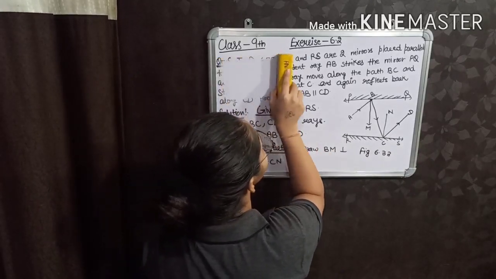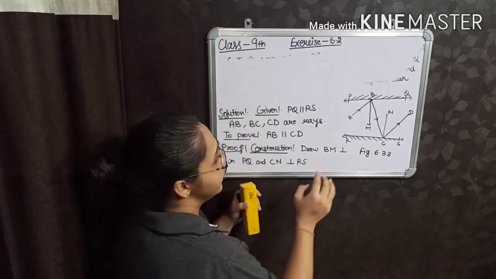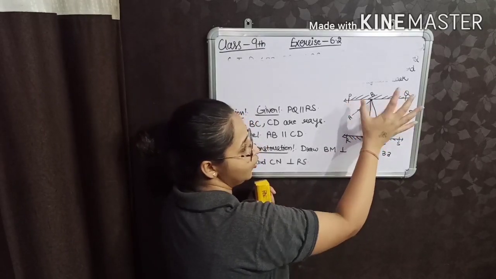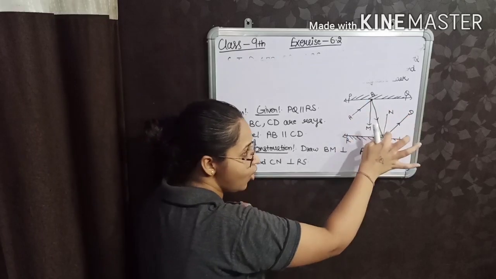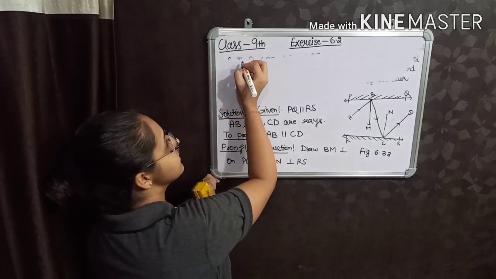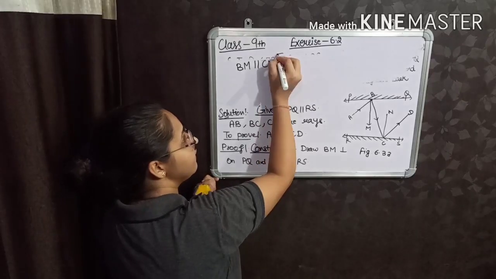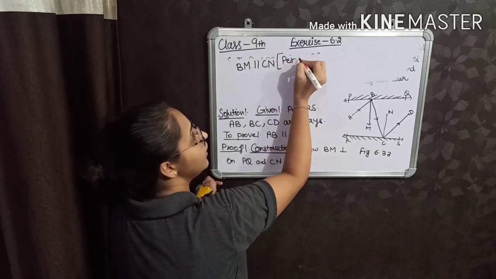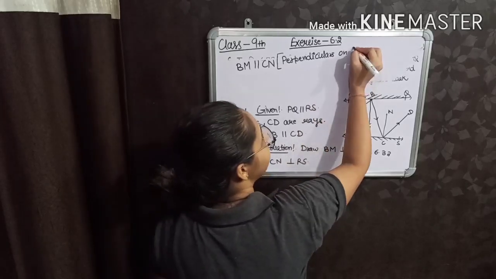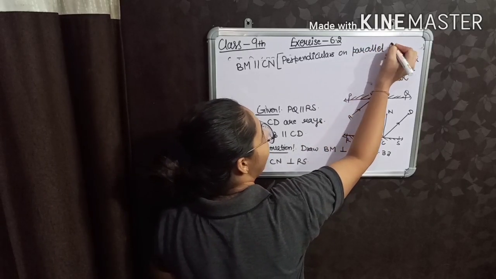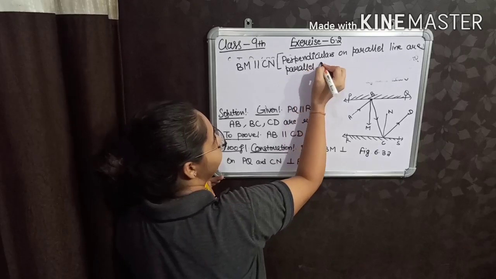If BM is perpendicular on PQ and CN is perpendicular on RS, then these two lines will also be parallel. Why? First write BM is parallel to CN, and the reason is perpendiculars on parallel lines are parallel to each other.